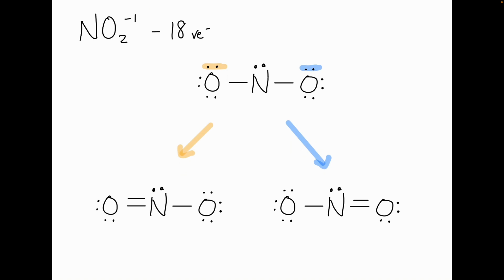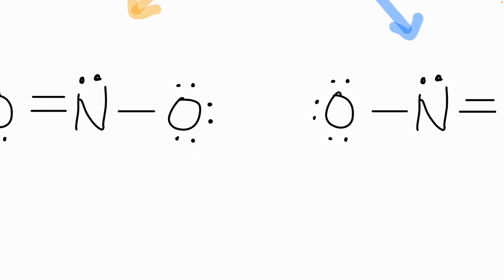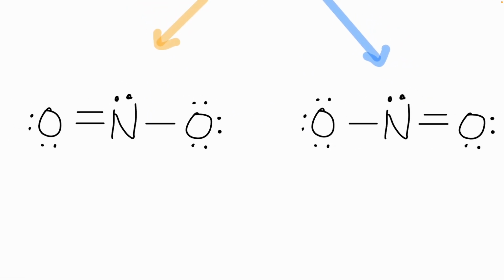So looking at these 2 structures here, let's first ask ourselves, does everybody have a complete octet? Did I draw a legitimate Lewis structure in terms of following my octet rule? My oxygens, in both structures I have a double bonded oxygen with 2 lone pairs, so that's 2, 4, 6, 8.